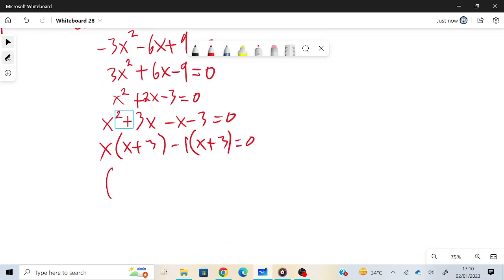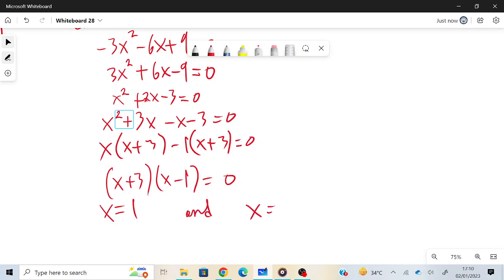I have x plus 3 bracket x minus 1 equals 0. The two values for x I have are x is 1, and x is minus 3. Sorry. Now that I have my two x values, I need to get my two corresponding y values.